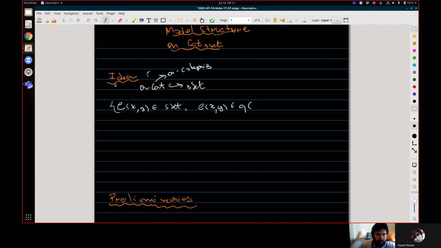But fortunately, we can see that there's a strong relation between them, in the sense that we have a model structure on Sset, the Joyal model structure.